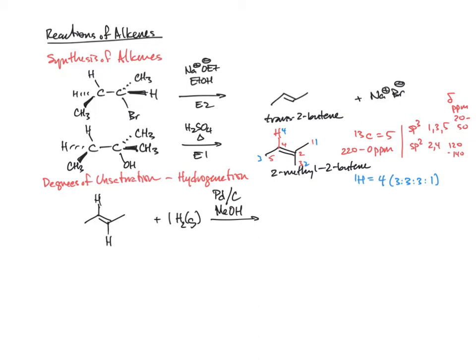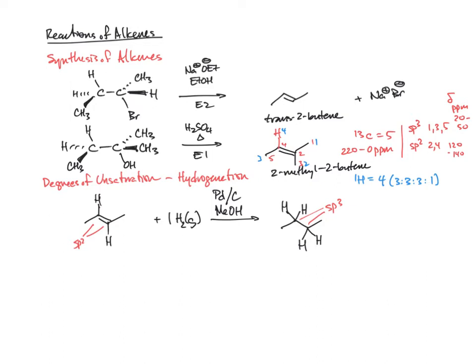So each carbon of the sp2 hybridized double bond becomes sp3 hybridized, and it gets a hydrogen. So what do we end up with? So we change hybridization through the process.